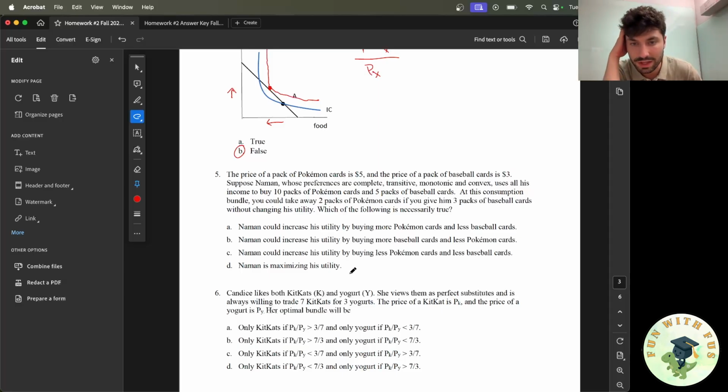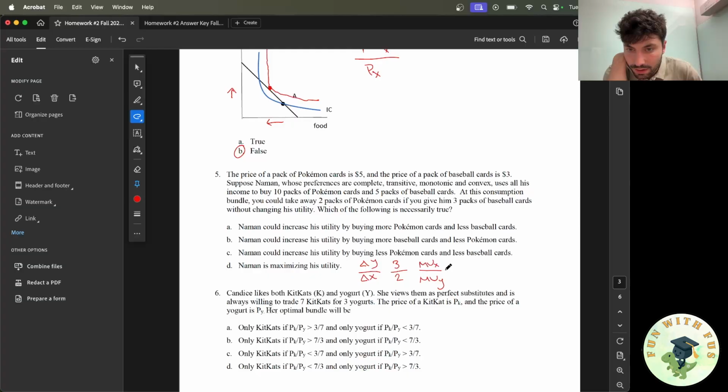So that means that we have perfect substitutes that are change in y over our change in x. Let's assume Pokemon cards are x. So for 2 packs of Pokemon cards, we have 3 packs of baseball cards. And this is our marginal utility of x over our marginal utility of y.